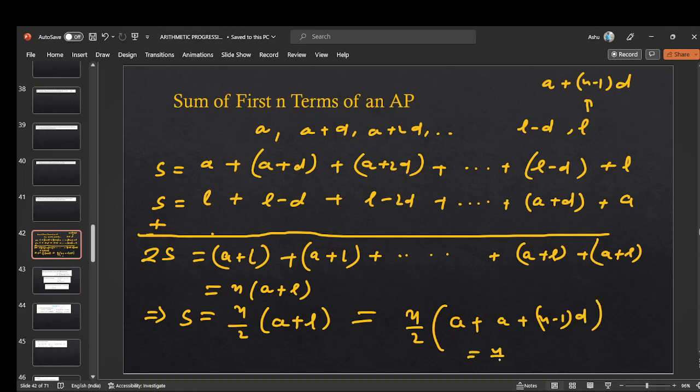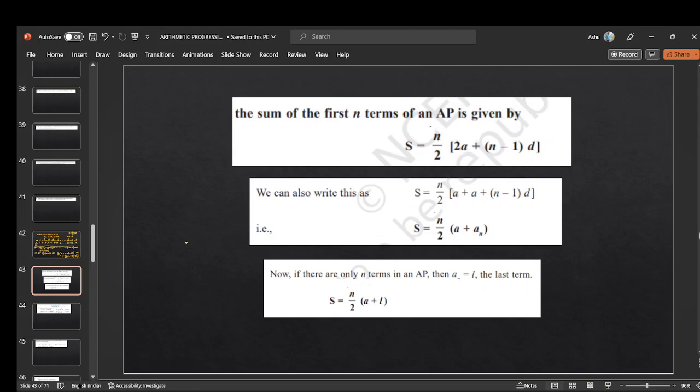That will be n by 2 into 2a plus n minus 1 into d. Clear? That is the answer. Now here look at this figure. These are the first n terms, given by n by 2 into 2a plus n minus 1 into d. We can also write this as n by 2 into a plus L. We have covered this.